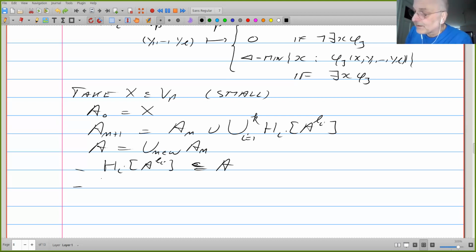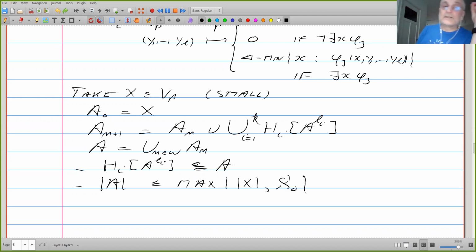But what we get is that the cardinality of A is at most the cardinality of X or aleph 0. If X is finite, then all the A_n's are finite and A is at most countable.